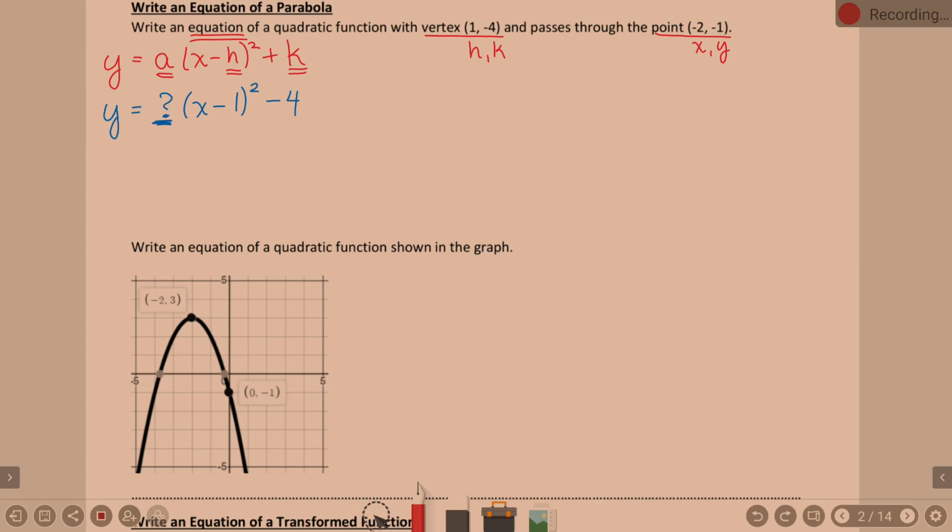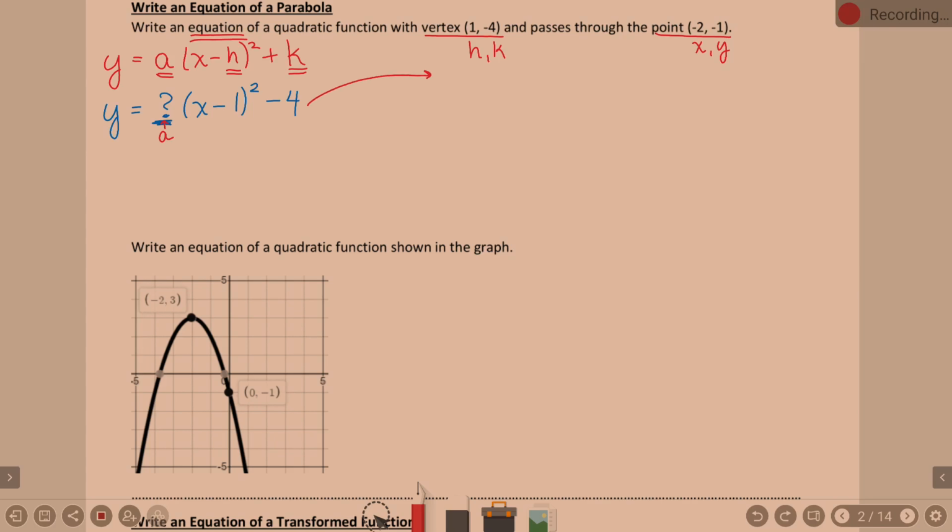What we can do is take the x and the y and fill it in here with h and k, and then use that to find the A that we're missing. Does that make sense? We already have h and k filled into this equation, right? We can also fill in x and y. And then the only thing we'll have left to find is A.